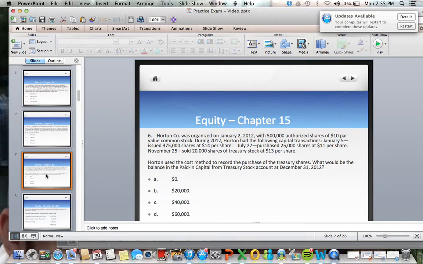And November 25th, they sold 20,000 shares of treasury stock at 13 per share. So, if Horton used the cost method to record the purchase of treasury shares, what should be the balance in the paid-in capital from treasury stock account at December 31, 2012? So the idea is, what are we adding to this paid-in capital from treasury stock?